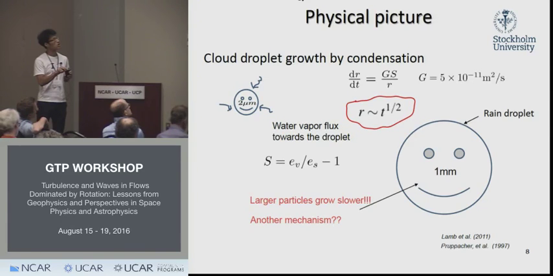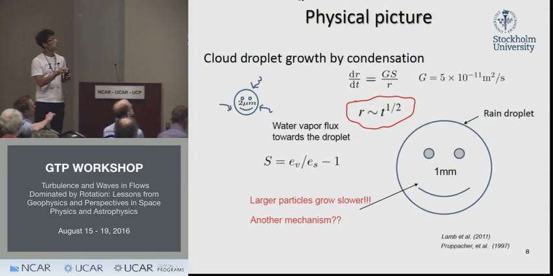So we obtain this condensational growth law. If we assume that the supersaturation is constant, we get a t^(1/2) growth law. From here we see that the growth rate of the cloud droplets by condensation is inversely proportional to the size of the droplets.